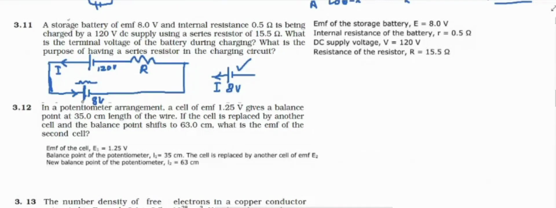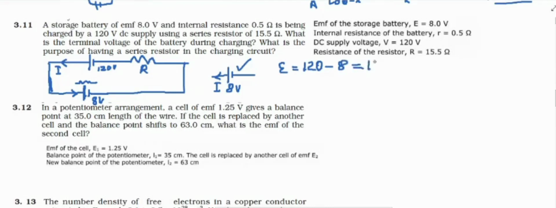Then after connecting in that way, we can see the situation. First of all, in this arrangement, we have to take the total EMF. You can see cells are connected in opposite order. Therefore, the effective EMF will be epsilon equals epsilon 1 minus epsilon 2, that is 120 minus 8.